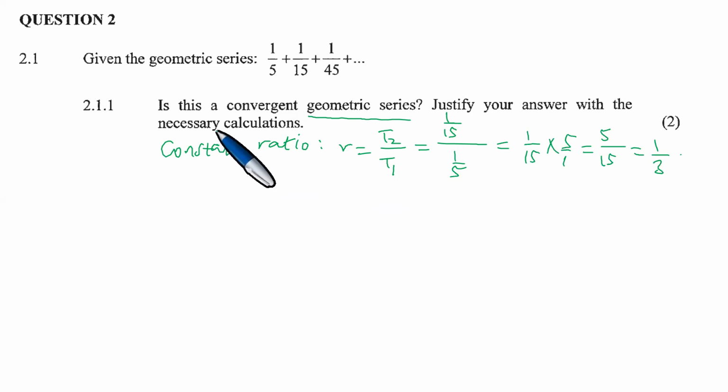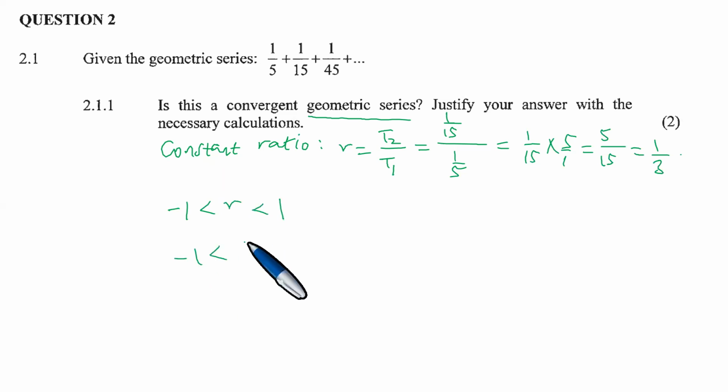Is this a convergent geometric series? Justify your answer with the necessary calculations. So the ratio is that one. So is it convergent or not? Obviously we note therefore that at this point, -1 must be less than the constant ratio, which must be less than +1.